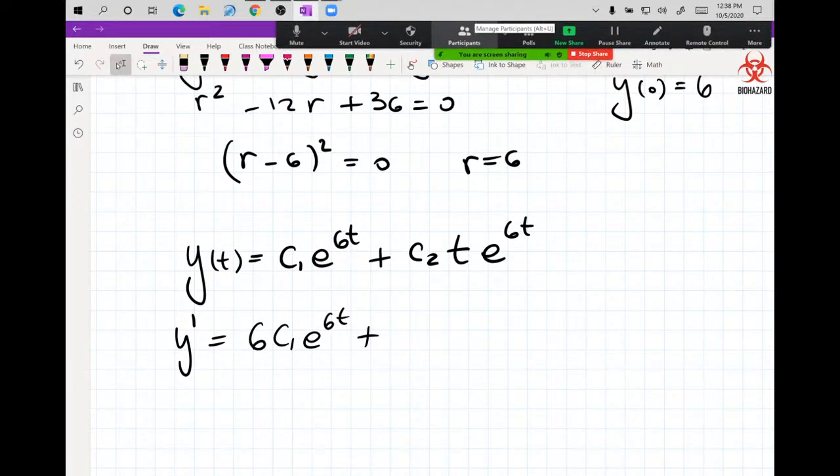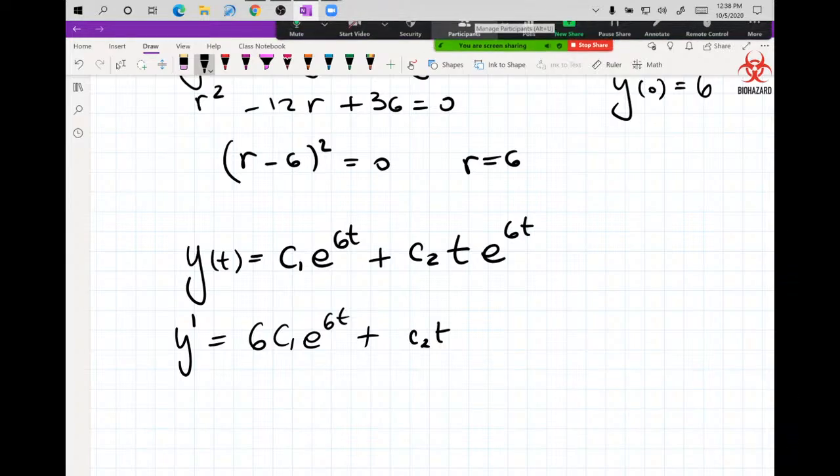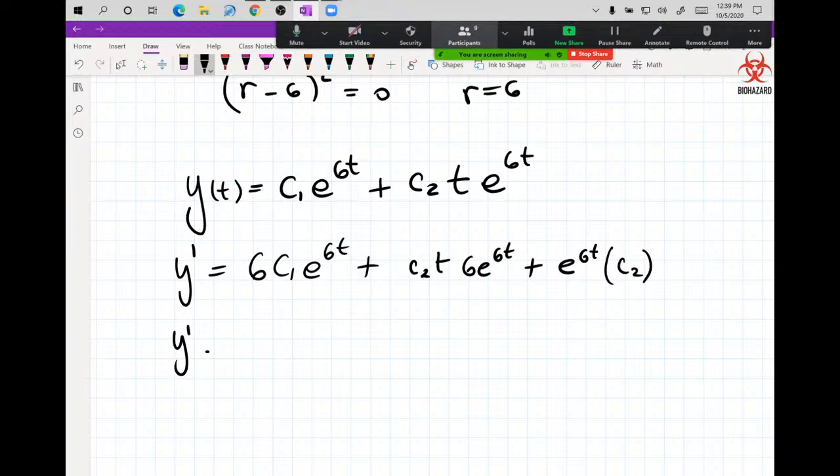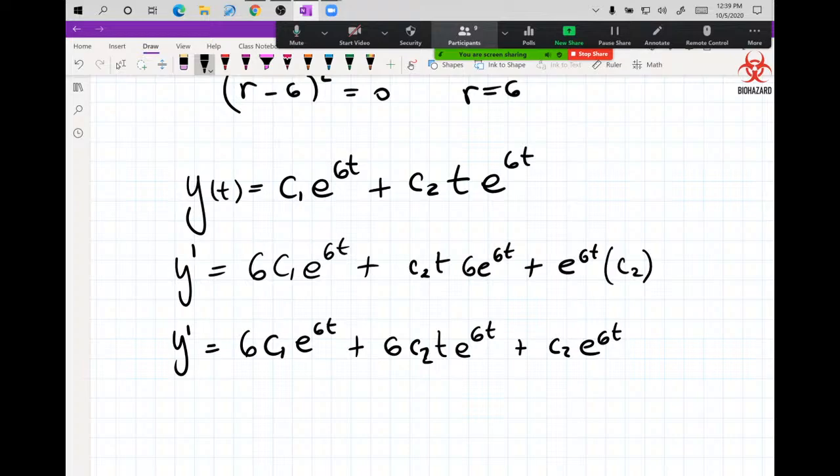So we're going to have copy the first, derivative of the second, plus copy the second times derivative of the first. And that simplifies into 6c1 e to the 6t plus 6c2 t e to the 6t plus c2 e to the 6t.